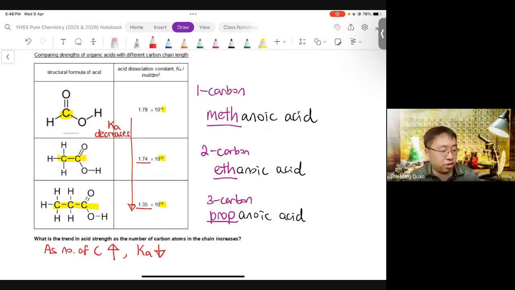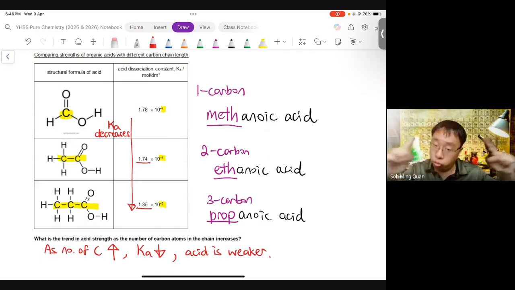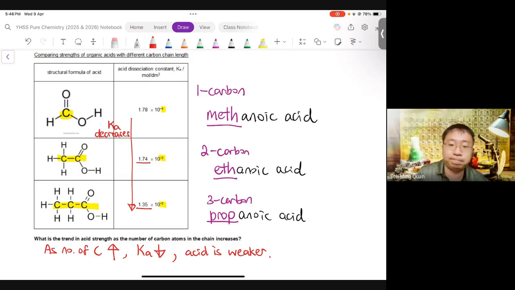So if Ka decreases, the acid is weaker. The acid becomes weaker if the chain length increases due to an increase in the number of carbon atoms. So these are trends that you must see. This is the relationship between the chain length of carbon and the corresponding strength of the acid formed.